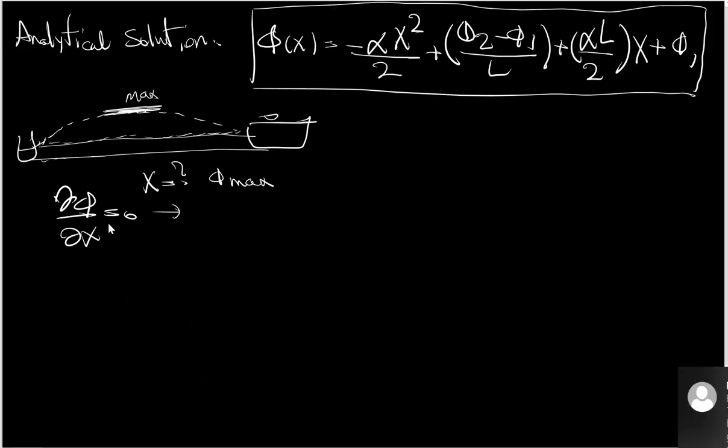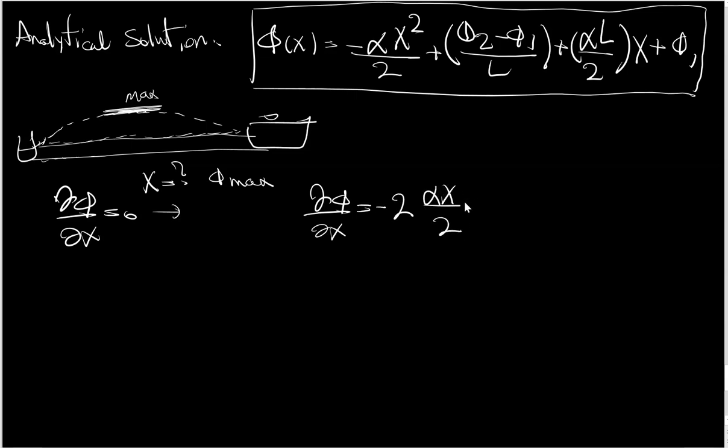So anyway, if you want to find that, the equation is partial phi over partial x, which is negative alpha x plus (phi 2 minus phi 1) over L plus alpha L over 2, equals 0.